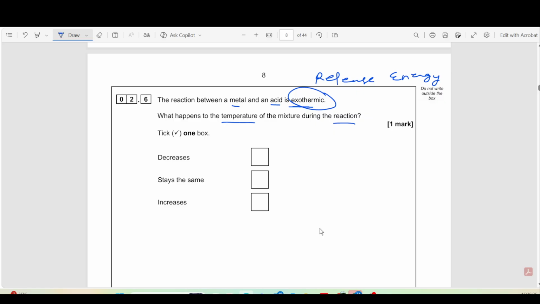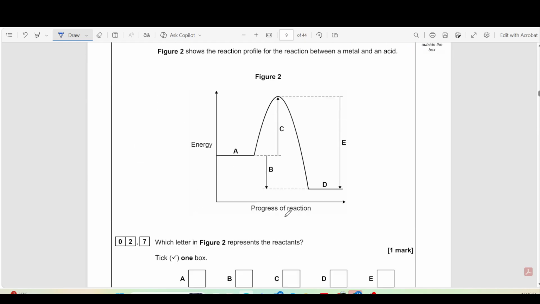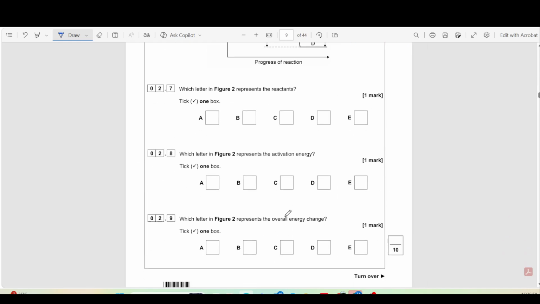So what will happen? The chemical energy of the reactants is converting into heat, right? So this heat is released into the solution, which will increase the temperature, right? Because the heat is released into the solution, it will increase the temperature. Okay, next question.